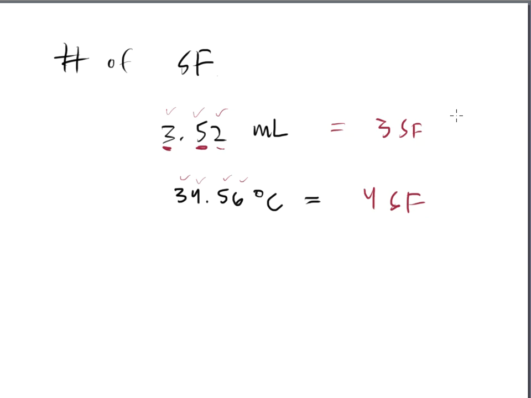That doesn't seem so hard, right? Count the number of digits, but there's a trick. Let's say that we go into a laboratory and someone gives me a measurement of 0.6070. And they say, how many significant figures does this number have?